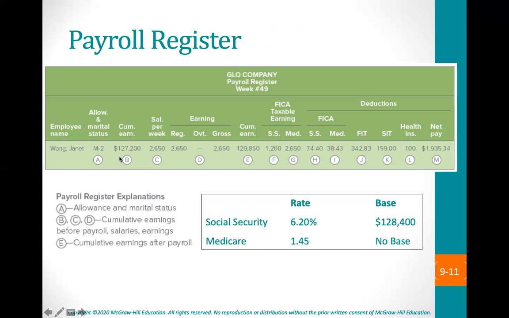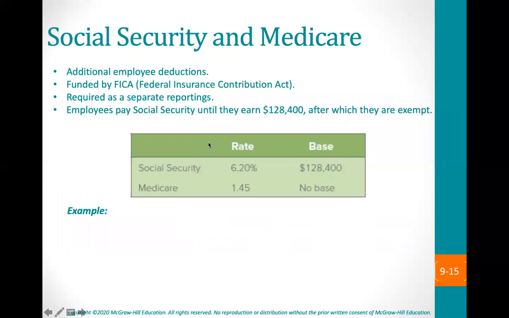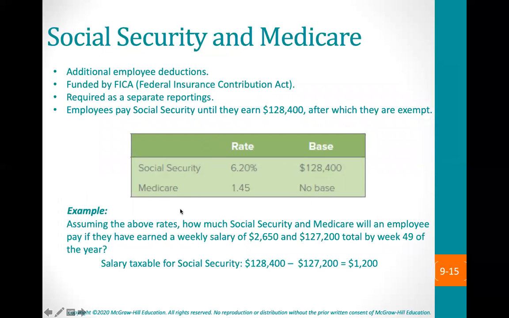So she had earned $127,200. This week she earned $26.50. So salary taxable for Social Security: if we take the $127,200 and add the $26.50, we would be over the Social Security base. So you only pay Social Security tax up until the base.